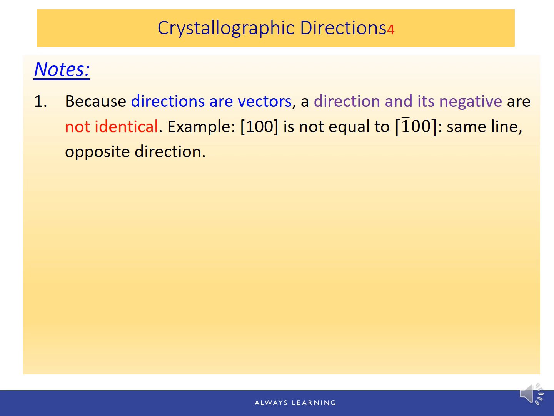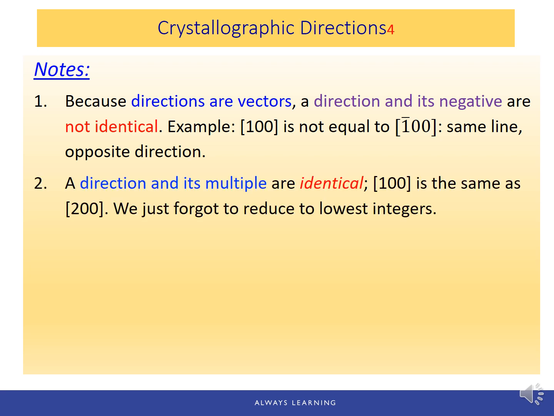Keep in mind, identical and equivalent are not the same. They are equivalent, but not identical. From the vector perspective, they have the same direction actually, but different sense. They point in opposite senses, which in general we just call opposite directions.